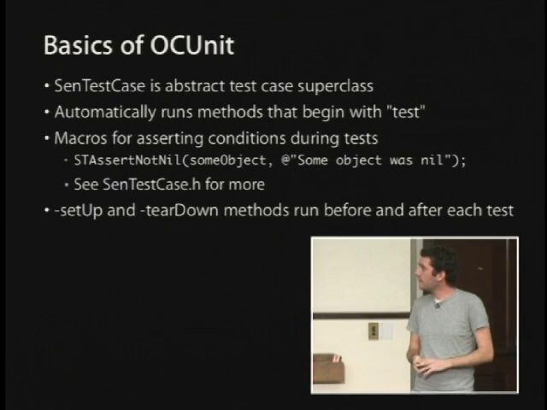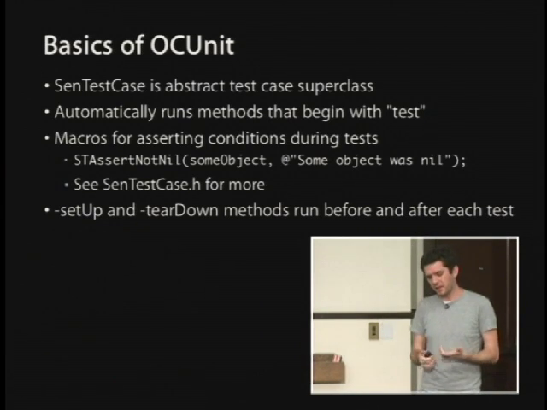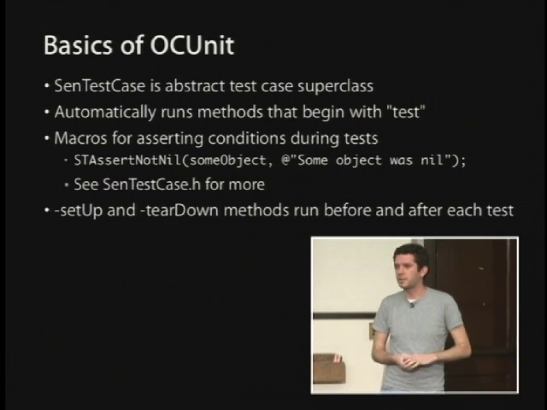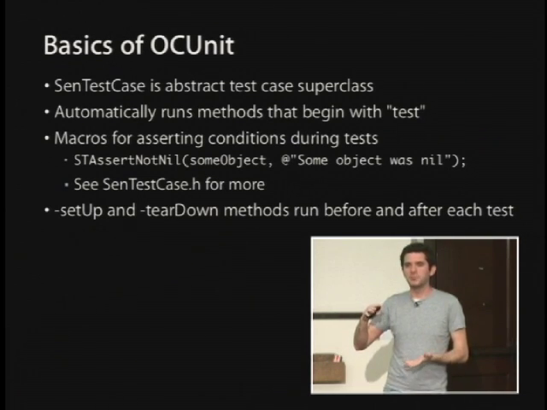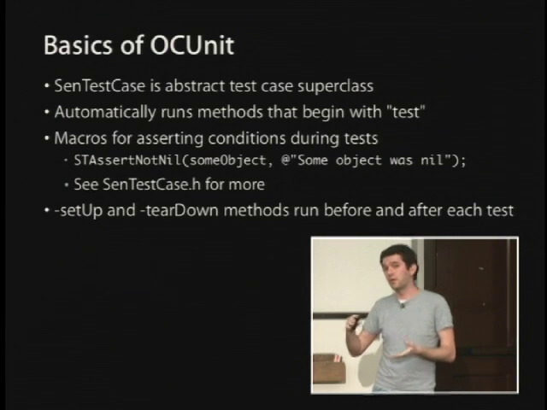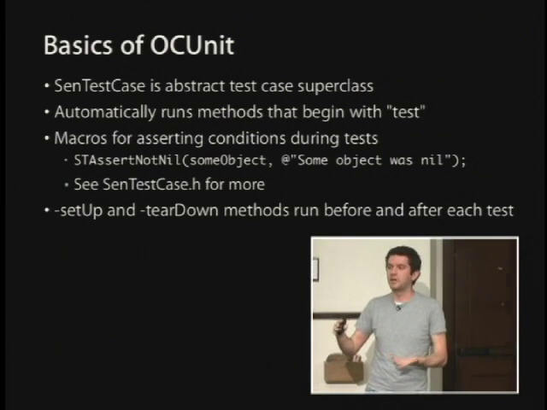And there's also, then you define setUp and tearDown methods. These are optional. You don't necessarily have to use them, but they are called before and after OCUnit executes every single one of the test methods that you've defined.